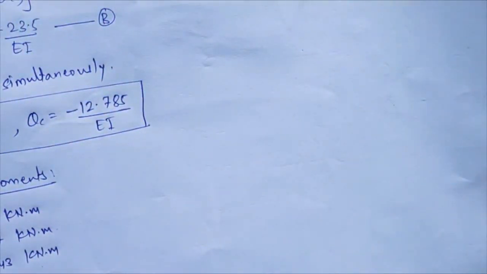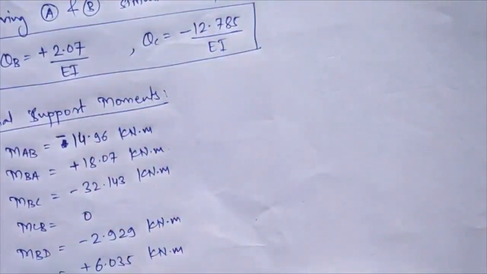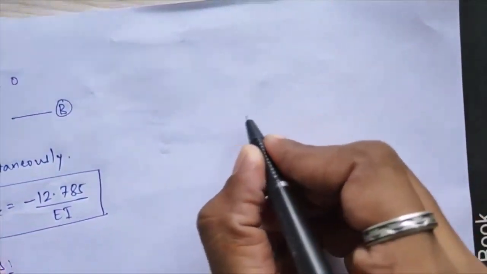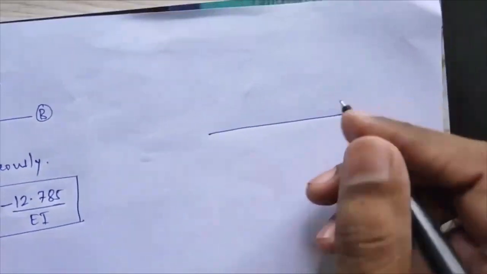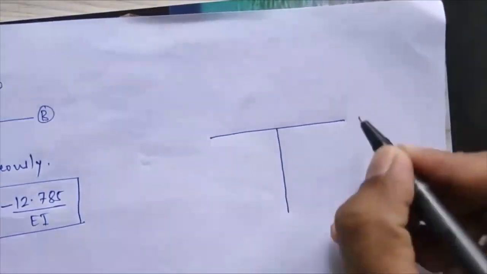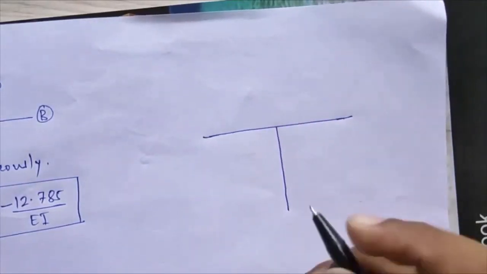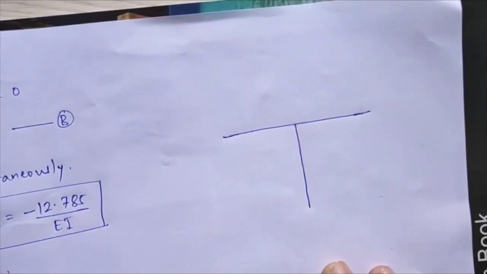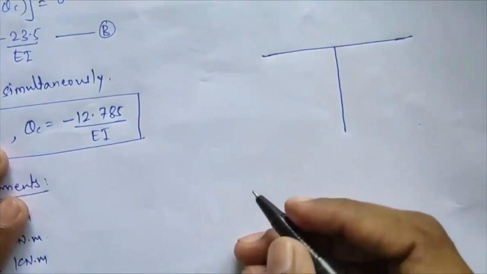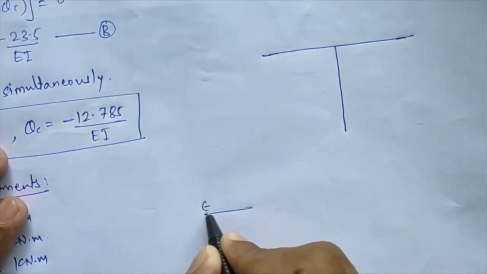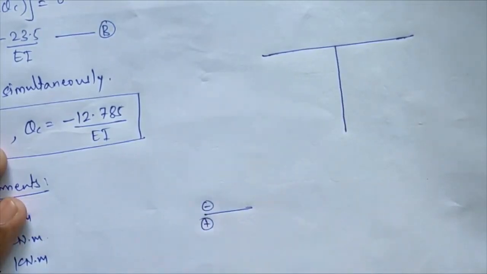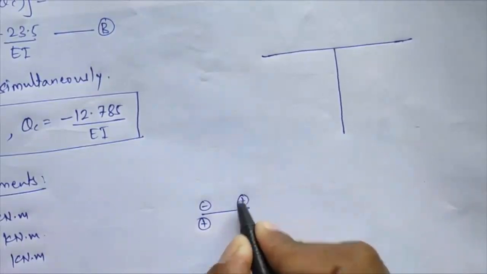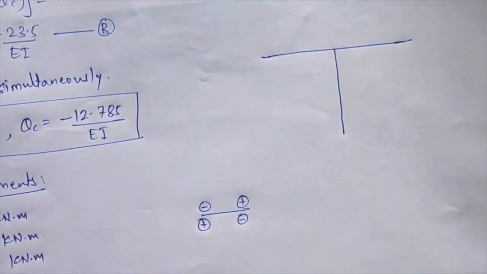Now the further step is to plot the bending moment diagram using these values. For plotting the bending moment diagram by superposition, I will first draw all the members, that is joints A, B, C and D. We have the sign conventions: if your moment is negative, plot it on the upward side; if your moment is positive, plot it on the downward side, and reverse this condition at the next joint.